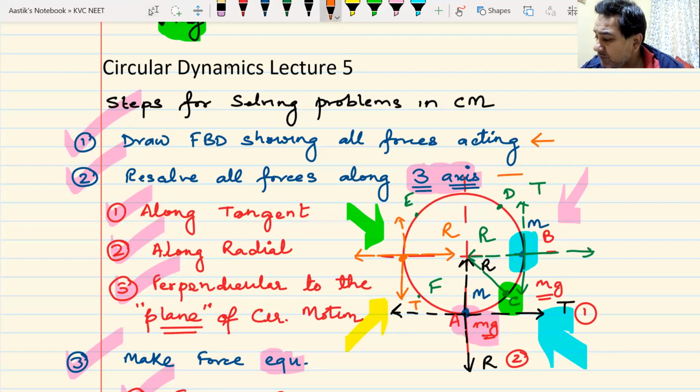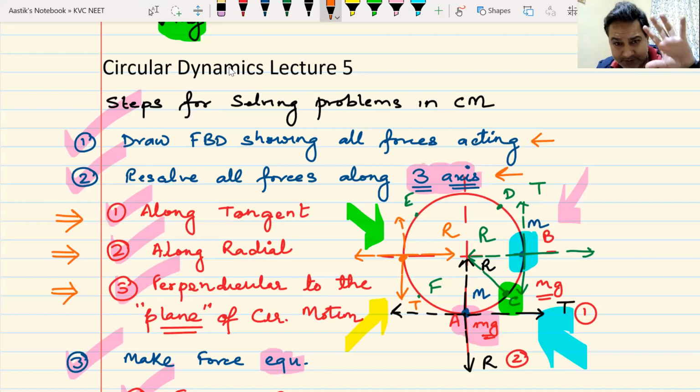Then we resolve the forces along three axes. The first axis is along the tangent, the second axis is along the normal or towards the center, and if required, the third axis would be perpendicular to the plane containing the circular motion. That was the three steps.